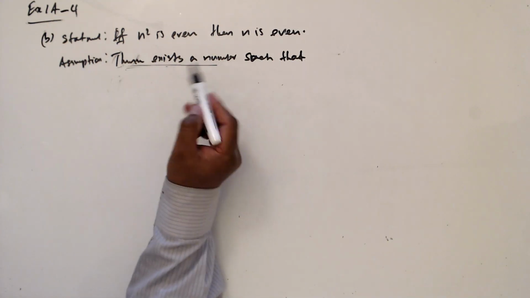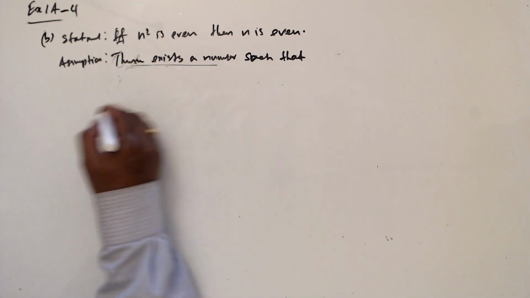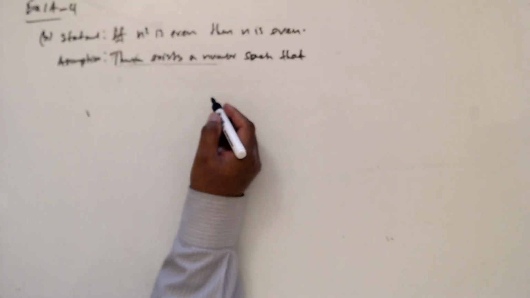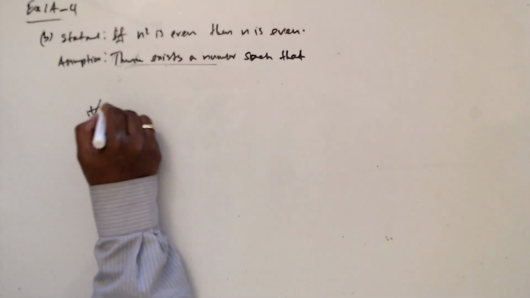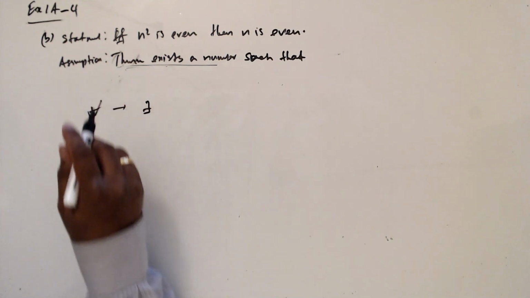The negation turns there exists into for all, and for all into there exists.